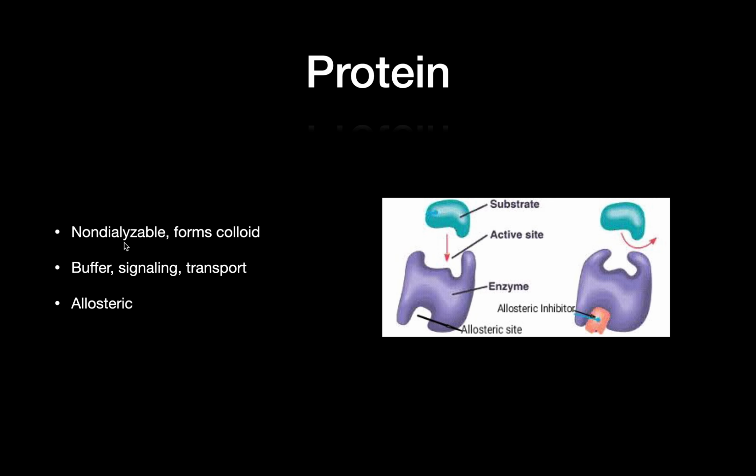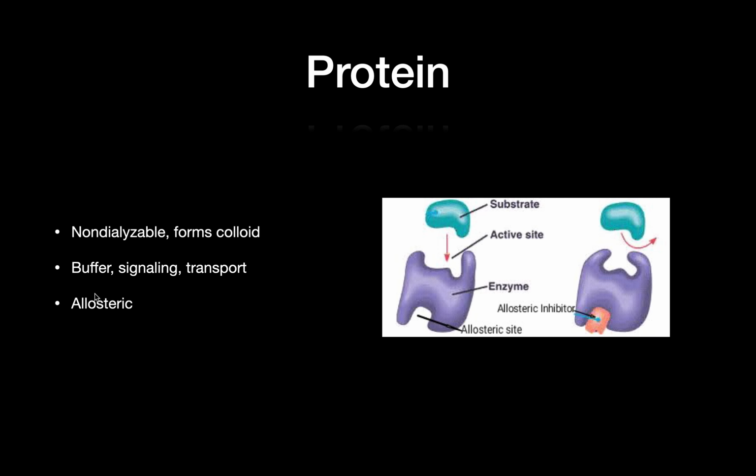More importantly, they're quite large, so they're non-dialyzable, and they form colloid solutions, or kind of jelly-like solutions, and that's important to note because the colloid solution helps in maintaining the osmotic balance in our body.